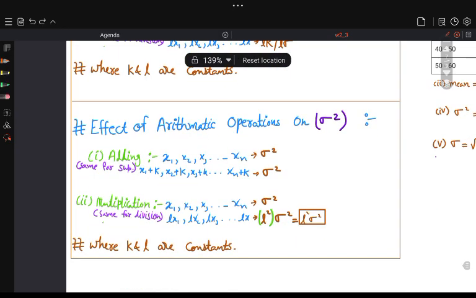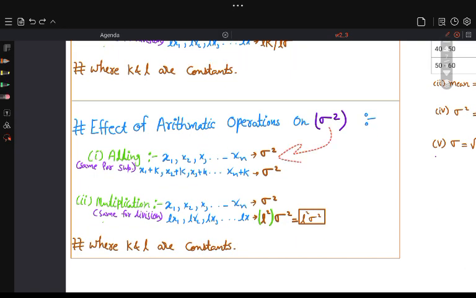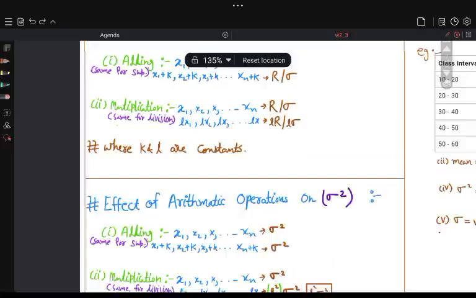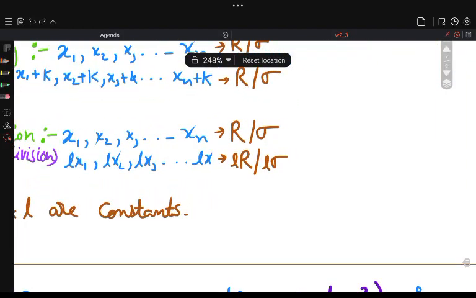Now for variance also, for addition no effect is seen, but for multiplication, if we multiply by L, the variance will get multiplied by L square, not by L but by L square. And it is obvious. See, the standard deviation, when we multiplied each observation by L, was multiplied by L, right?